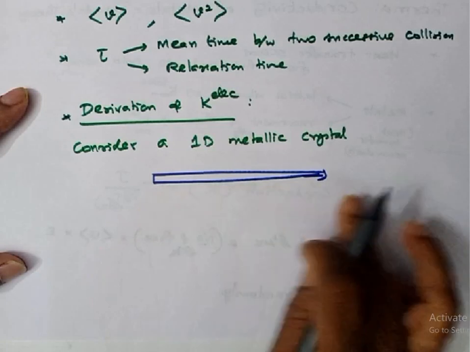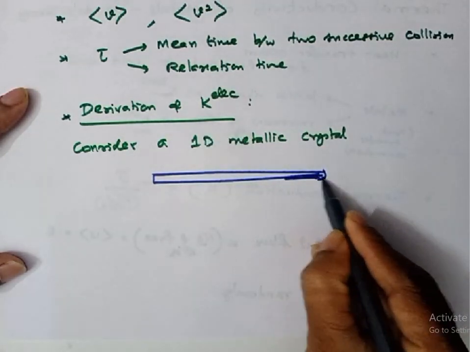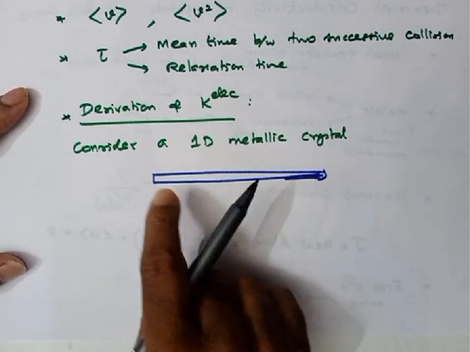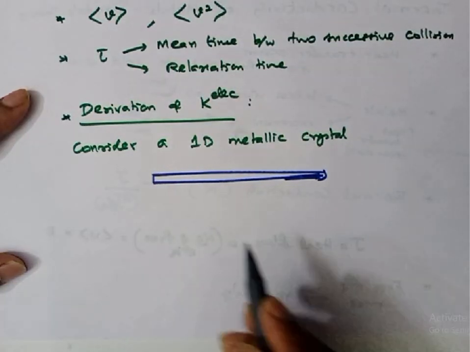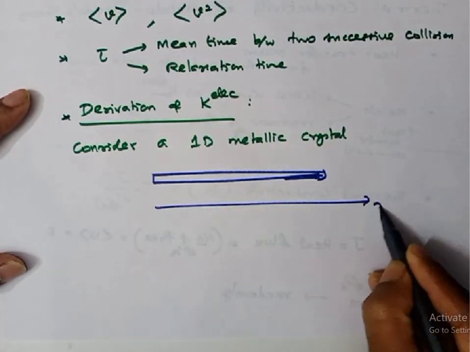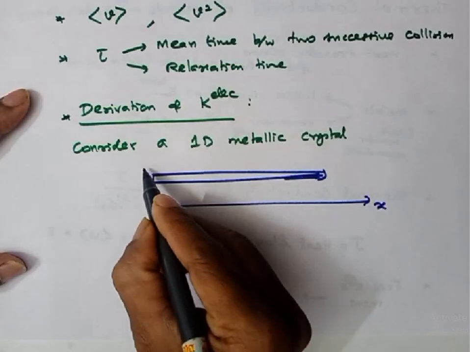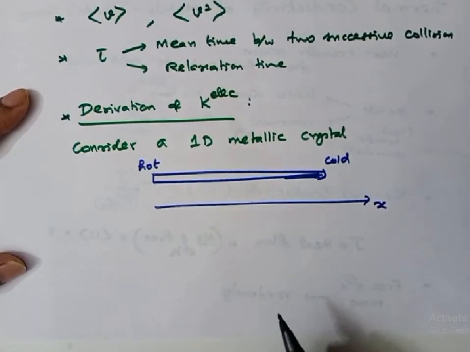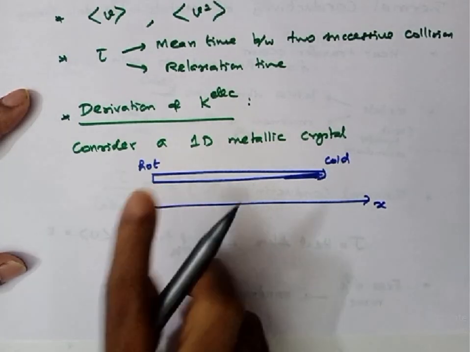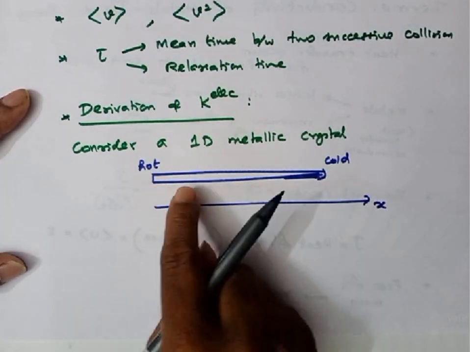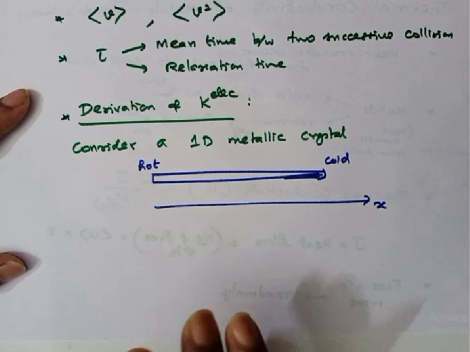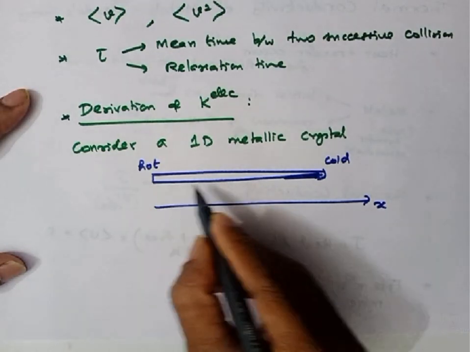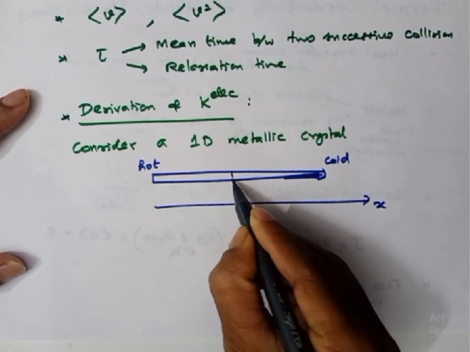This is a metallic piece, and it is one-dimensional in nature. Let us take this axis as the x-axis, and let us assume this end as the hot end and this end as the cold end. So heat transfer occurs naturally from hot end to cold end. Remember, I'll take some reference point here, say x.